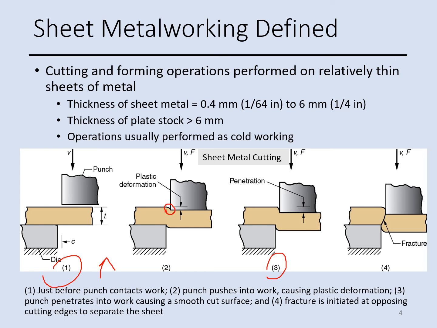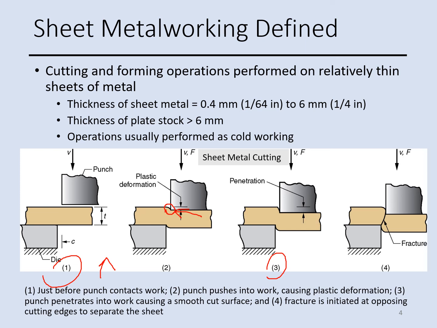The last step, fracture, is initiated at the opposing cutting edges, which separates the sheet. This area is called rollover, and this corresponds to depression made by punch in the workpiece before the cutting process.